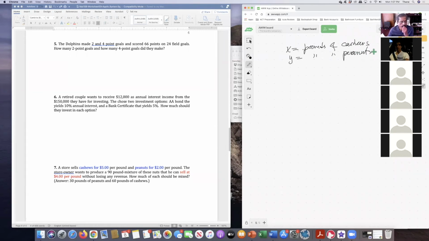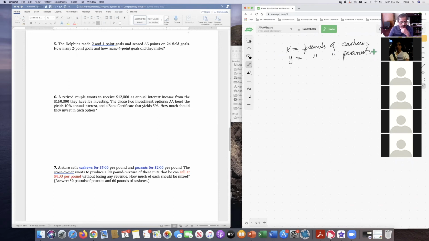When I mix it, I should get a 90-pound mixture, and then the value of that mixture selling at $4 should be the same as the value of selling individually at $5 and $2. So there are going to be two equations.